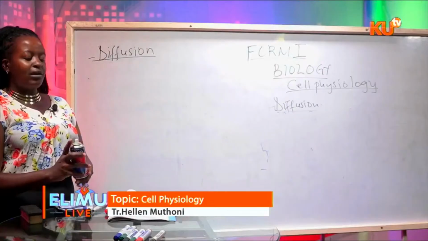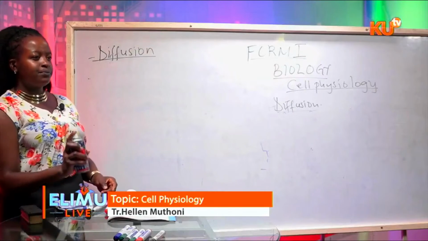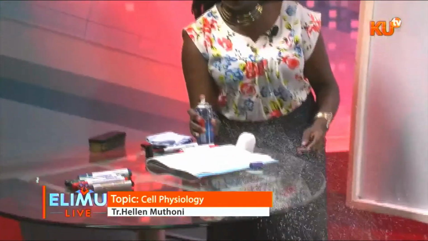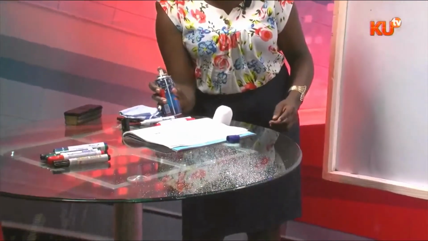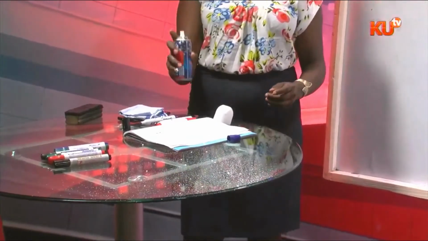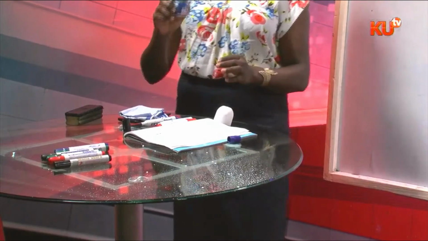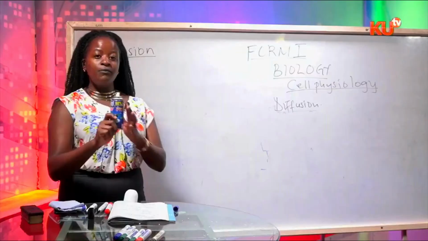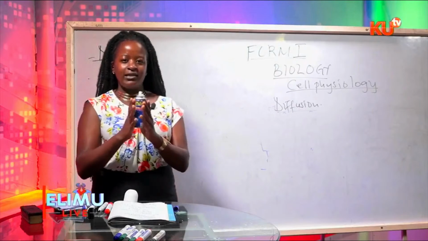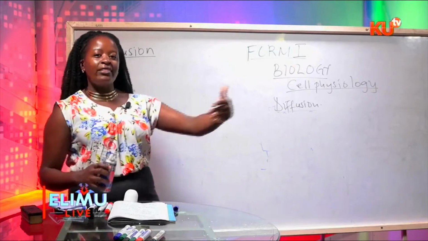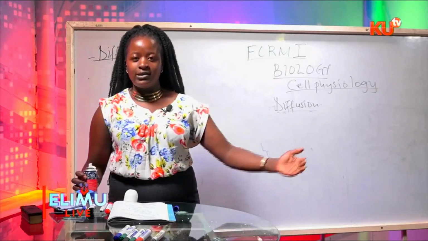So what I'm going to do, I'm going to spray. And let's observe what will happen. So I have sprayed. What has happened is the snow has moved from its region of high concentration to another region of low concentration.